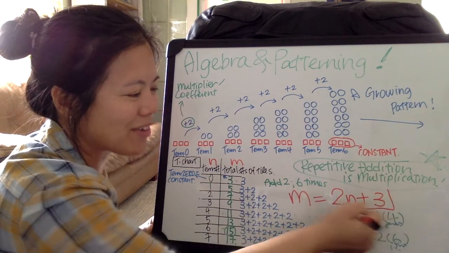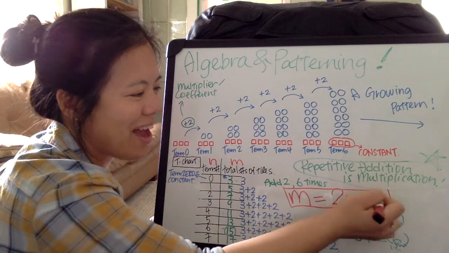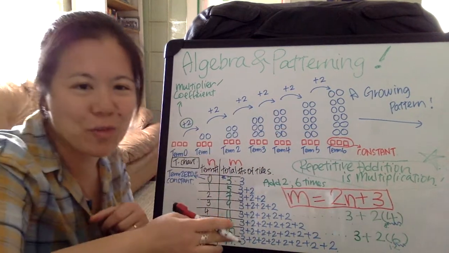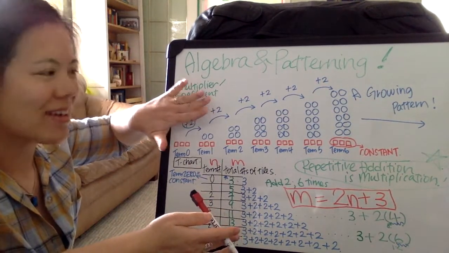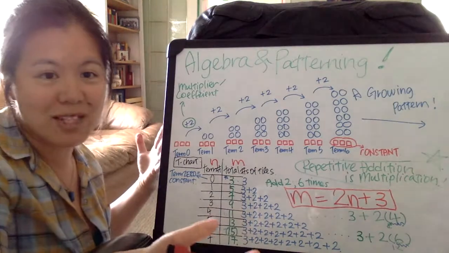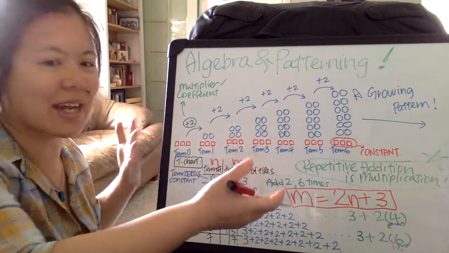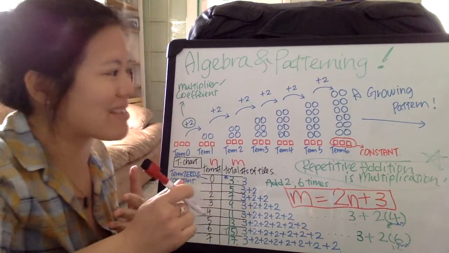And what do you have here? That is an algebraic expression representing this pattern. So you now have 3 different ways of representing this pattern, which is quite amazing.